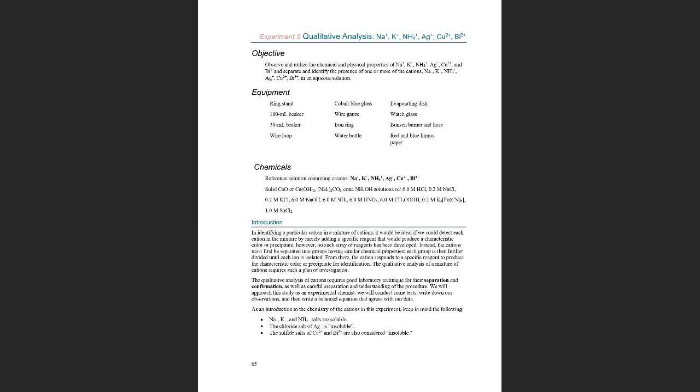Then we will do some practice problems to help you understand the problems that you are going to encounter when you do the pre-lab quiz. And after that, each week, we are going to go step by step, looking at the report that you will have to complete.